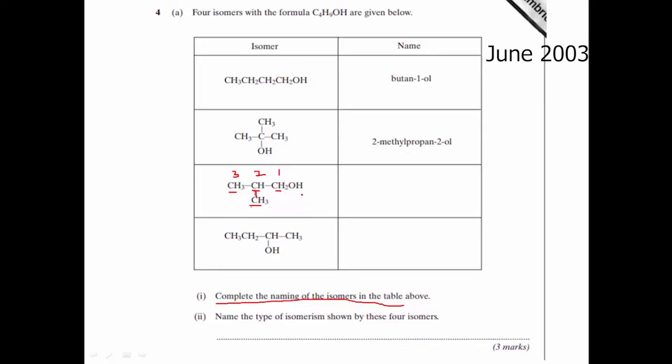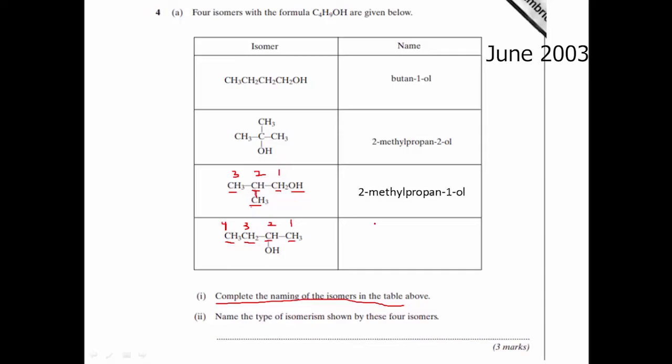And this one, the OH, is on the first carbon. So the name of this isomer is 2-methylpropan-1-ol. Now the next one has 4 carbons in the longest chain. This is the first one, the second one, the third one, and the fourth one.